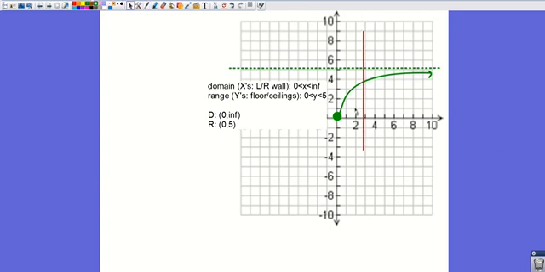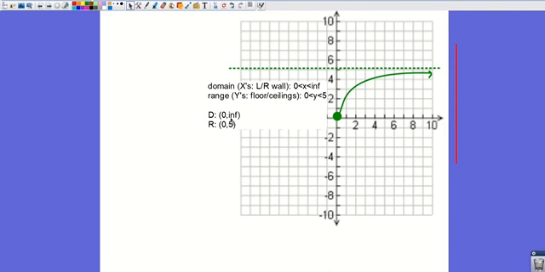There is a left wall, and the left wall is 0. The right wall, there is none because it forever goes right. So therefore, it's infinity, because it forever goes right. And that's the interval notation there.